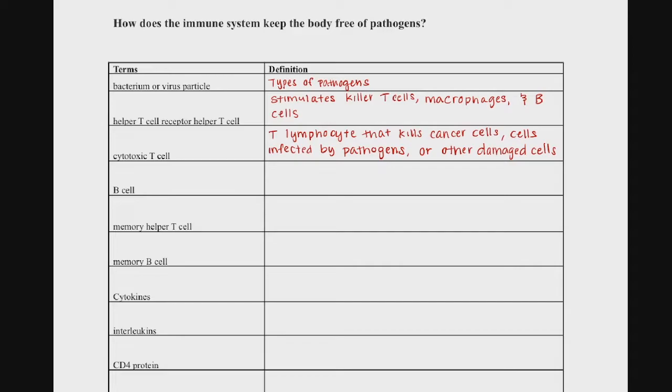A B cell is also a type of lymphocyte that is responsible for humoral immunity.